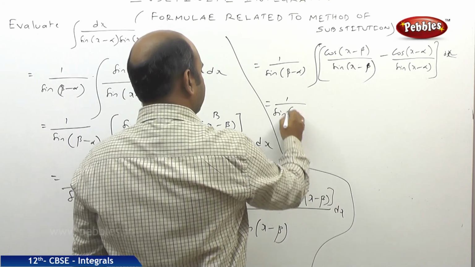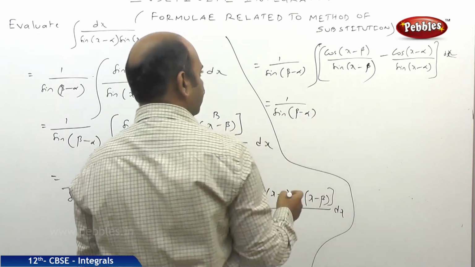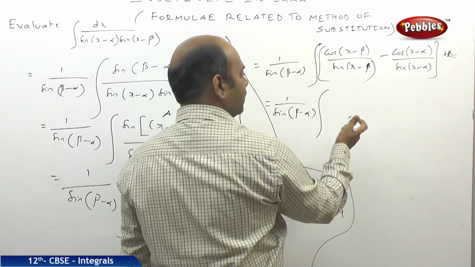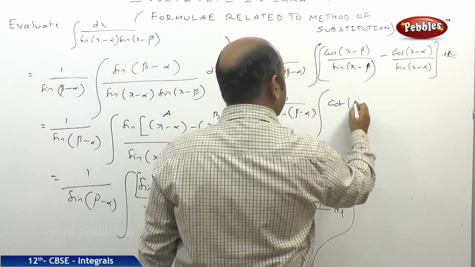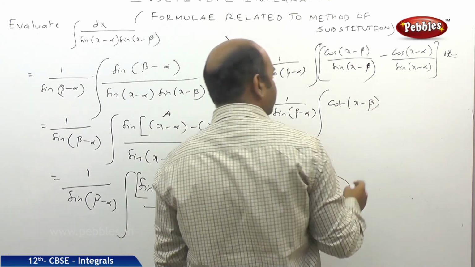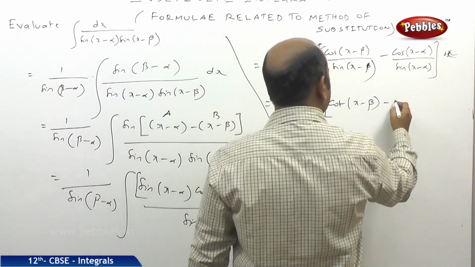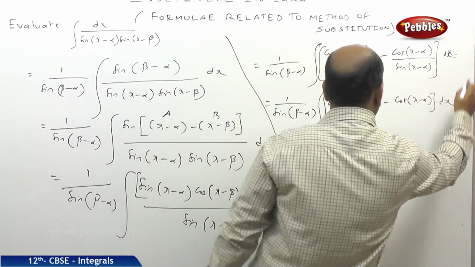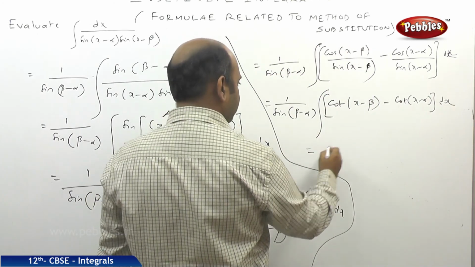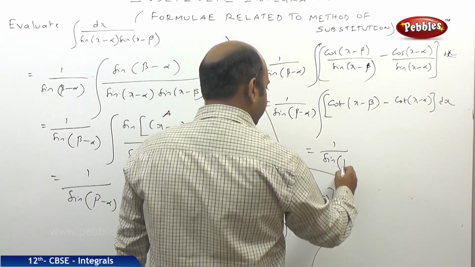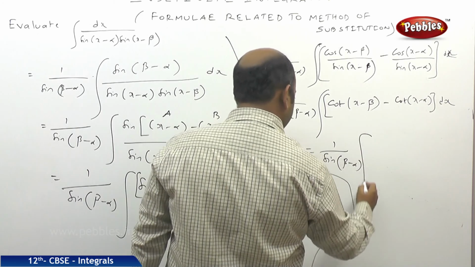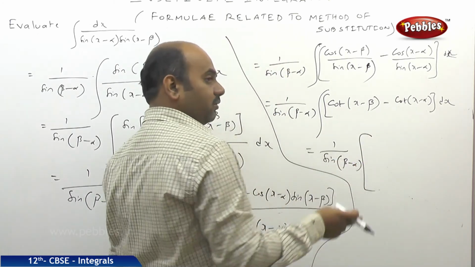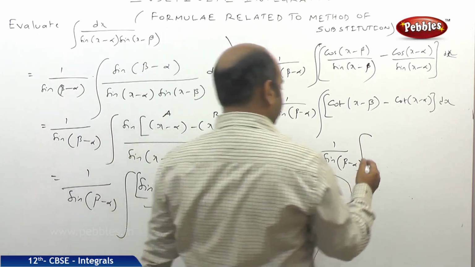So finally, 1 by sine of (beta minus alpha) into the integral of cos by sine. Cos by sine means cot. So cot of (x minus beta) minus cot of (x minus alpha) dx. Again, individually, the integral of cot x we just saw is log mod sin x.